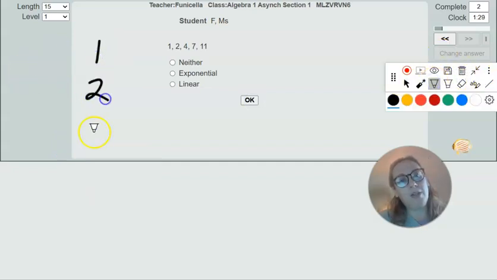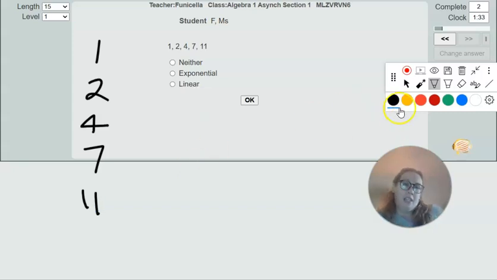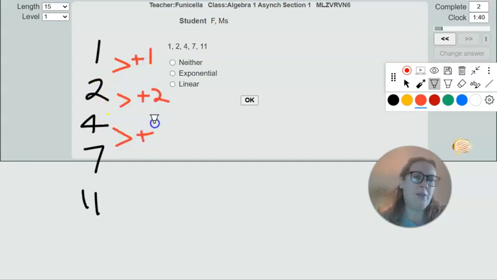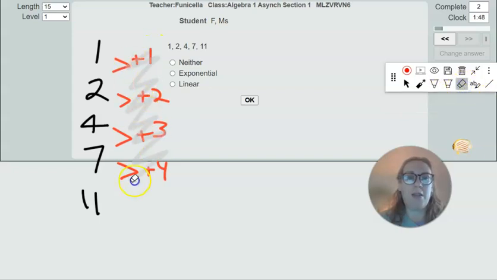All right, we have 1, 2, 4, 7, and 11. If we think about addition, we're adding 1, and then we're adding 2, then we're adding 3, and then we're adding 4. That is not linear because we're adding a different amount each time. So it can't be linear.